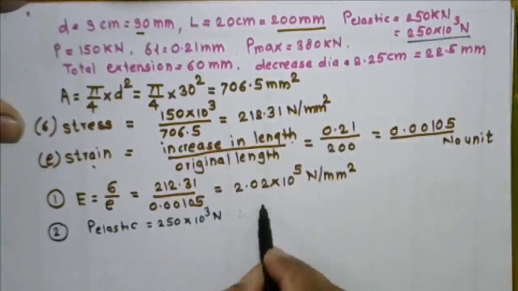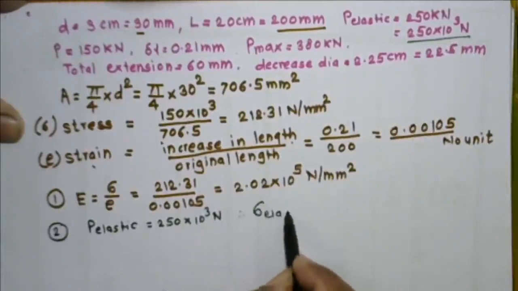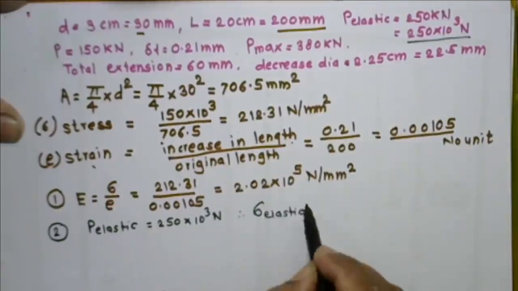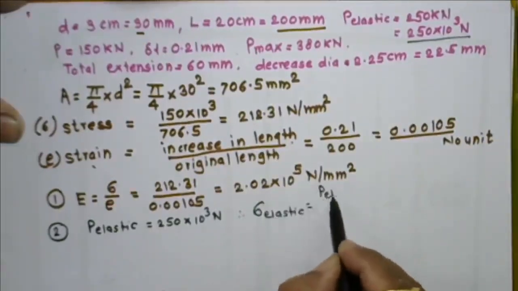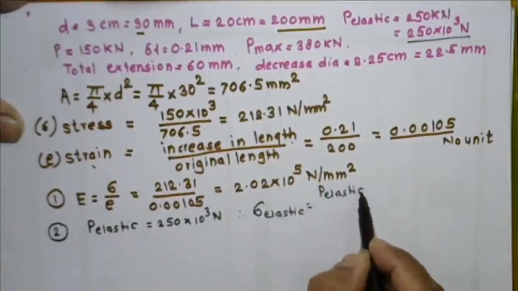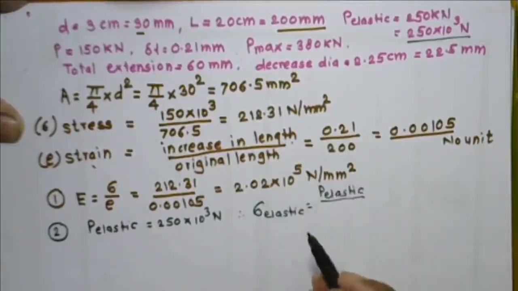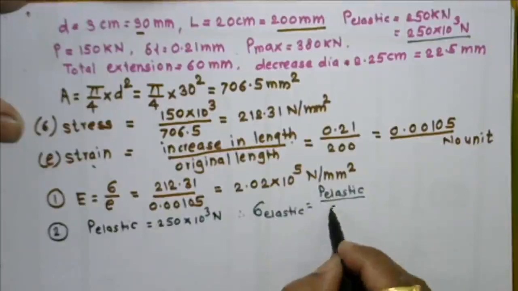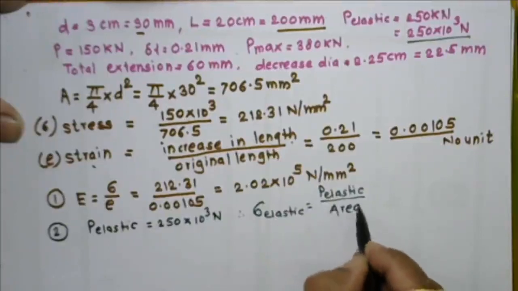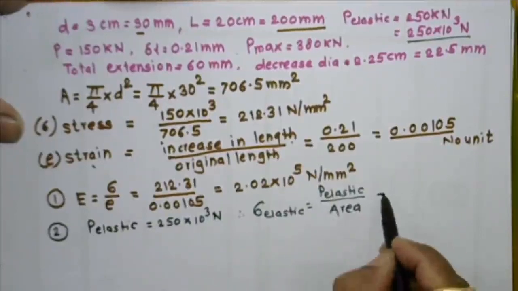So stress at elastic limit is equal to P elastic, the load at the elastic point, upon cross sectional area. Area we already calculated.